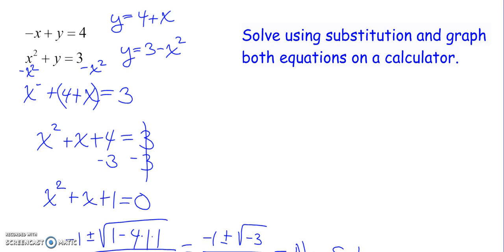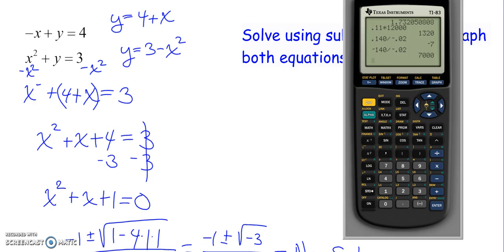I could have gotten this answer by looking on a graphing calculator, typing into my y equals key: 4 plus x is our first equation, 3 minus x squared is our second equation.